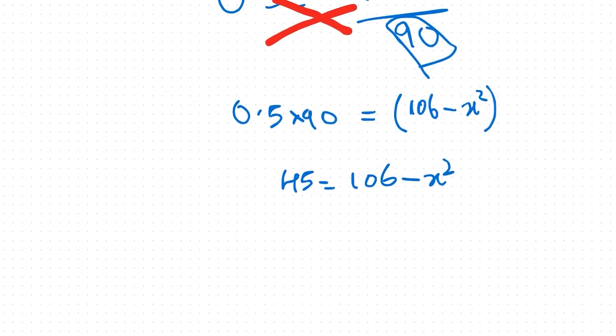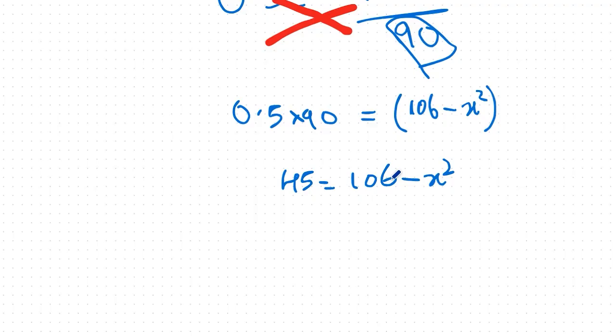Now what? When you are solving for variable x, try to isolate it. It is constrained with 106, so the first objective should be to get rid of this 106. What is the sign of 106?